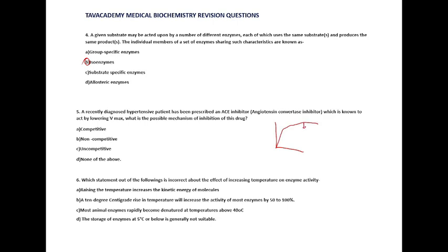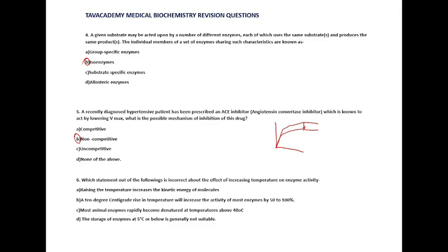If we have a lowering of the Vmax, especially when Km remains the same, what this means is that there is a non-competitive inhibition by this drug in particular. So what is the possible mechanism of inhibition of this drug? It's non-competitively inhibiting the enzyme. That's what this drug does to the enzyme.